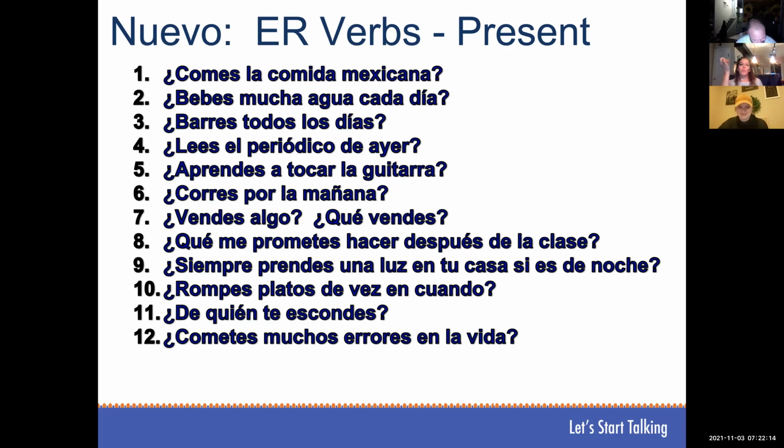Oh, gotcha. Okay, so prometo estudiar después de la clase. ¿Siempre prendes una luz en tu casa si es de noche? Sí, siempre prendo una luz en mi casa si es de noche. ¿Rompes platos de vez en cuando?